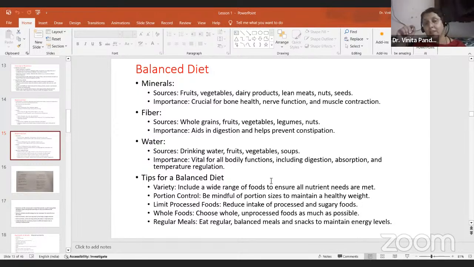Processed food. See, whenever we are talking about nutrition and balanced diet, our intake of processed food should be controlled to a great extent. Now, unfortunately, as the impact of urbanization has intensified, our lifestyles have undergone a lot of changes. Our cooking habits and eating practices have undergone a lot of change.